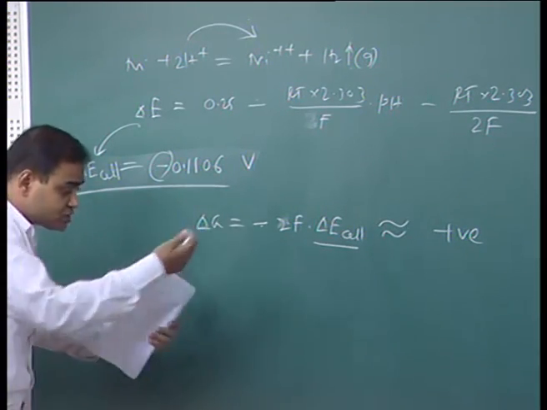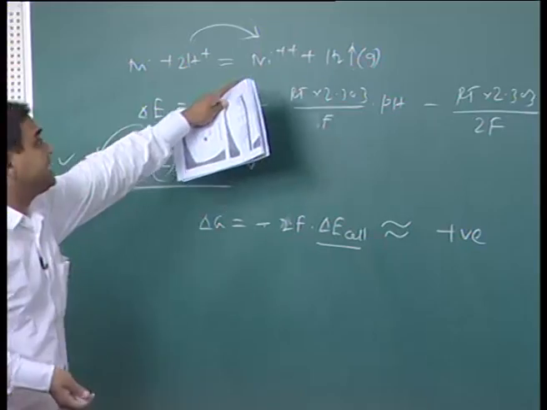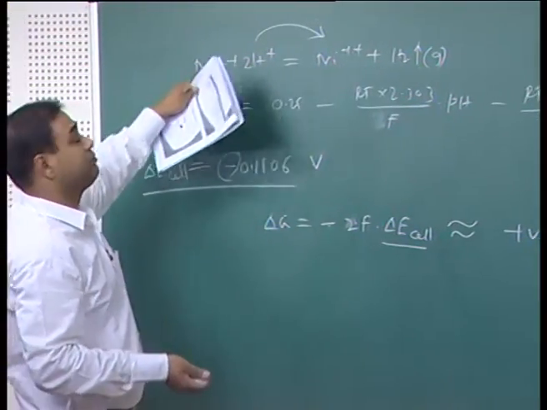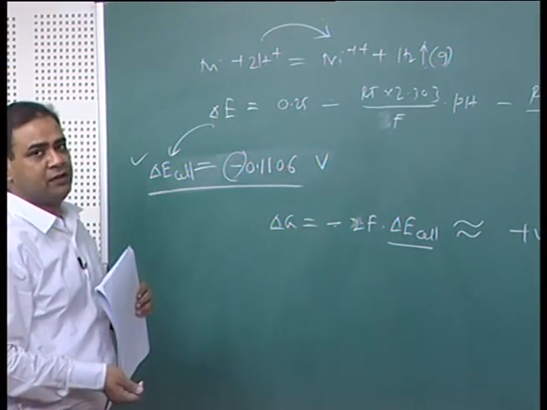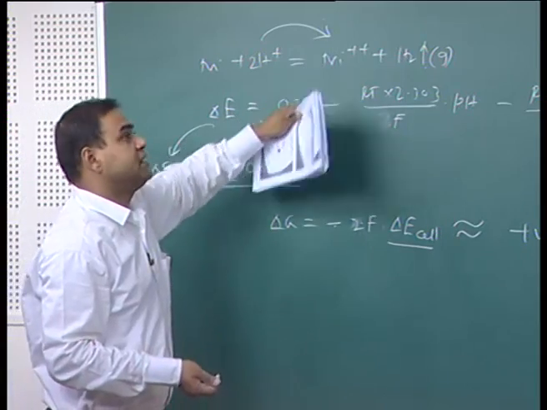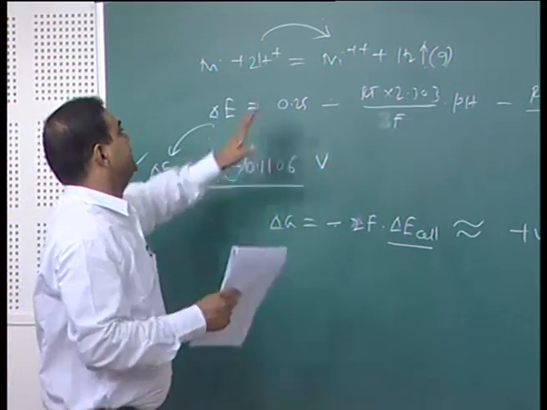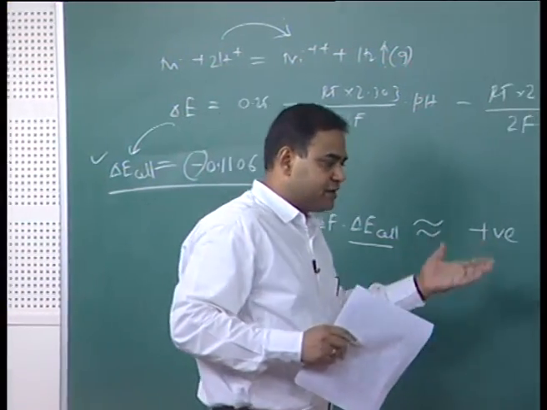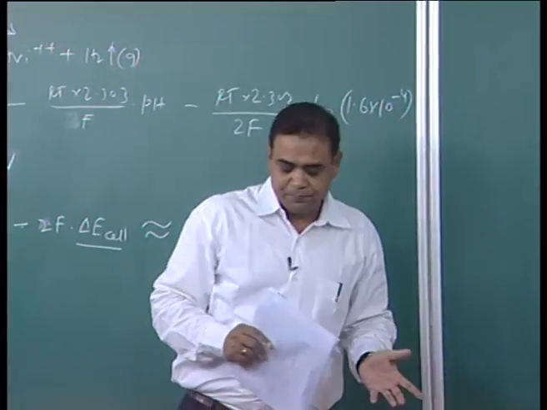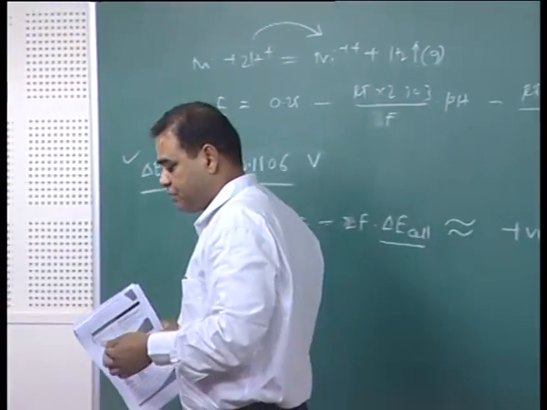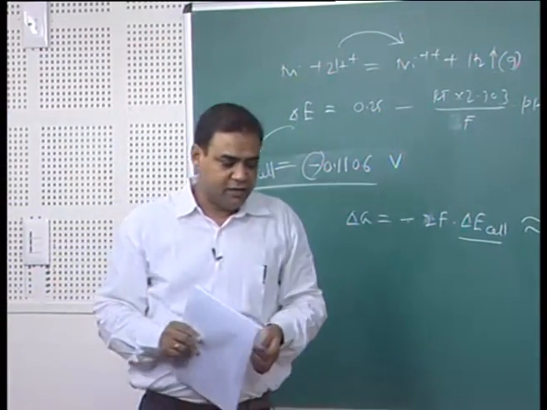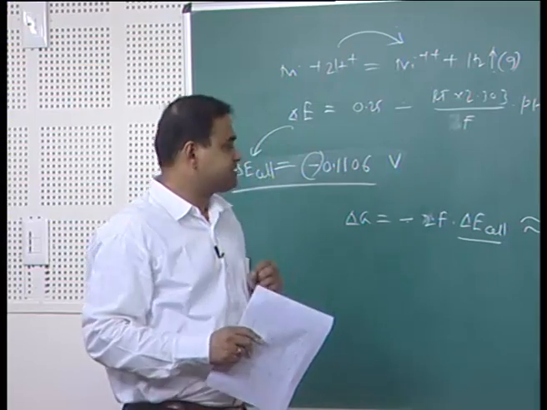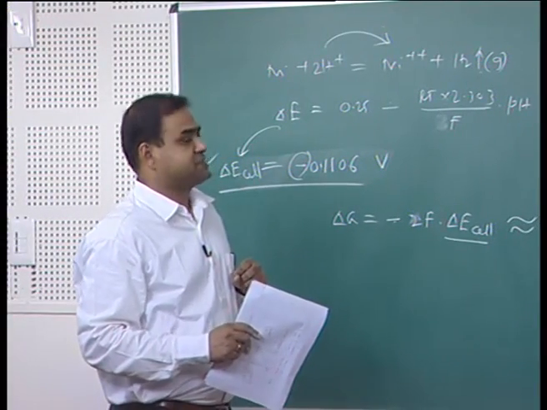So we can also state it in another way. If nickel ion is not forming from nickel, then we can say that corrosion will not happen in the condition what we have set, that is the pH 8 deaerated water solution, and if the solubility product of nickel hydroxide is 1.6 into 10 to the power minus 16.